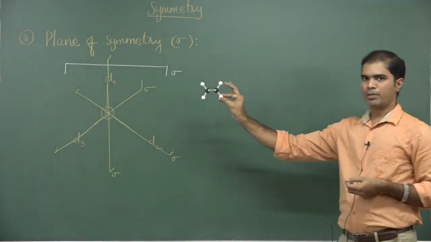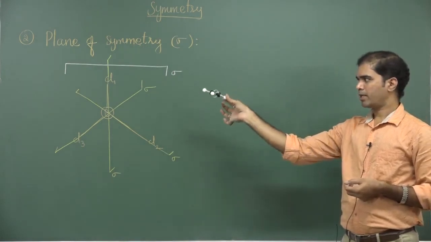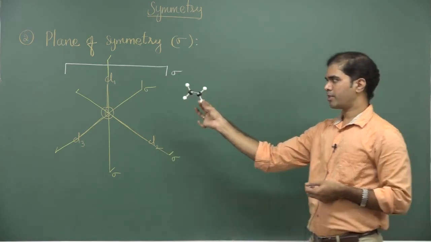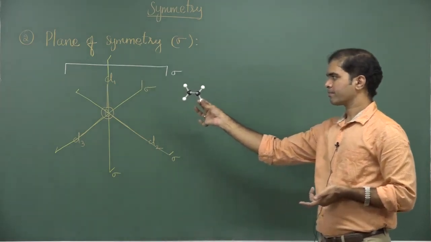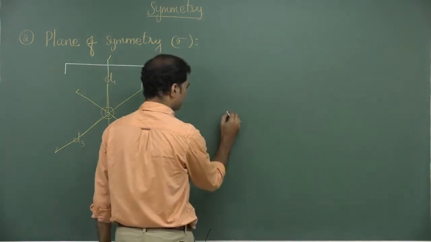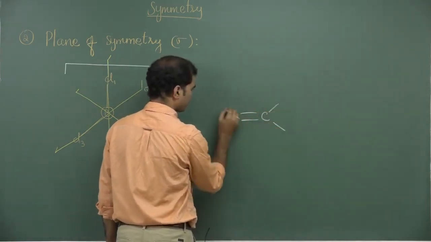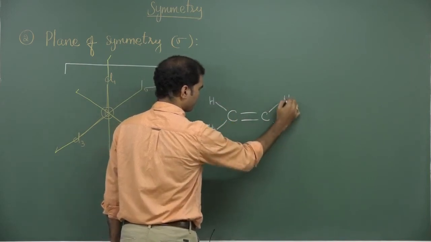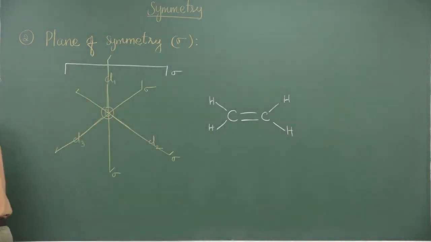Try to visualize how many planes are present in this. You may hold any way as per your convenience. The general representation we take is this. This is just by convention. Now let me draw the structure. Try to identify how many planes are present in it.